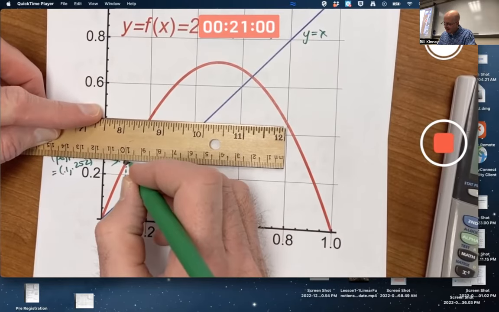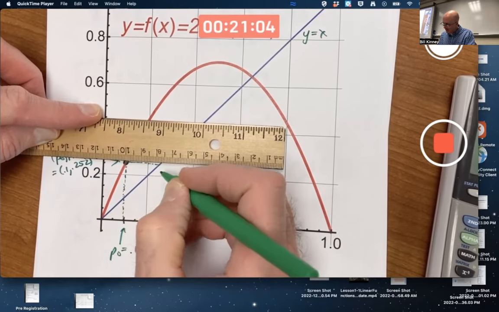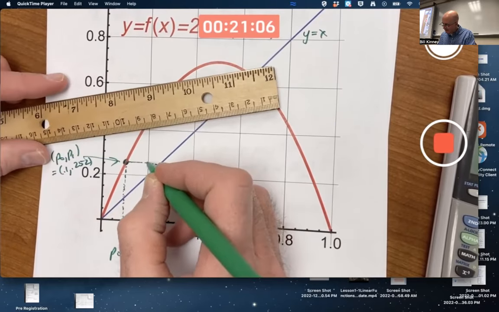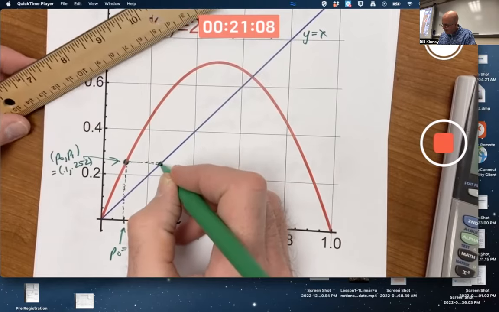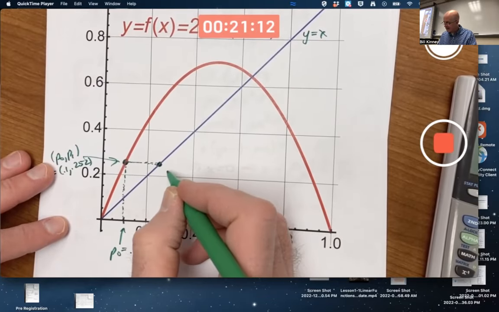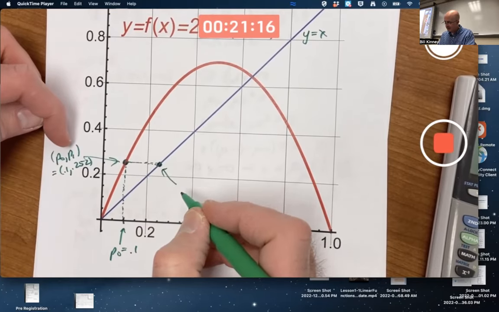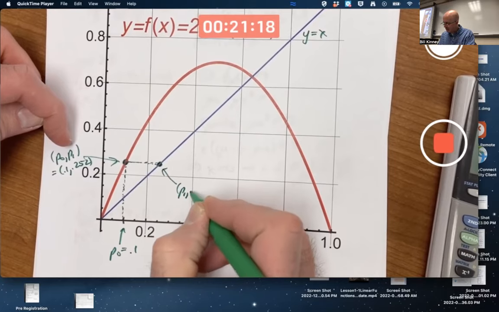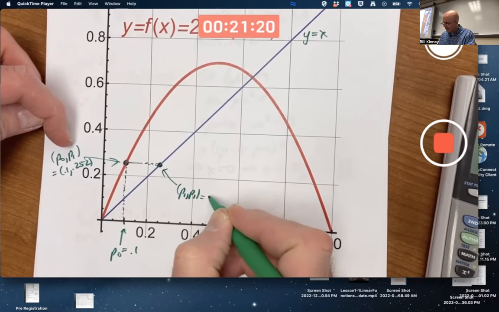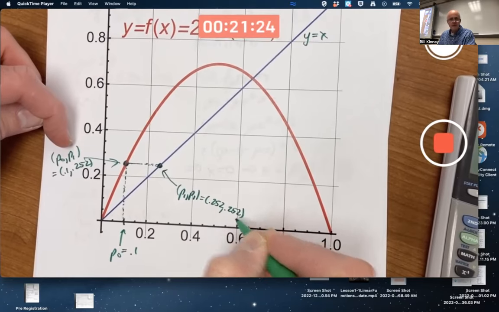Try to make it as horizontal as you can to a point right around here, whose coordinates, since you're on the line y equals x, would be the same. And in fact, it's the second coordinate at this point. Its coordinates are P1, comma P1, 0.252, comma 0.252.